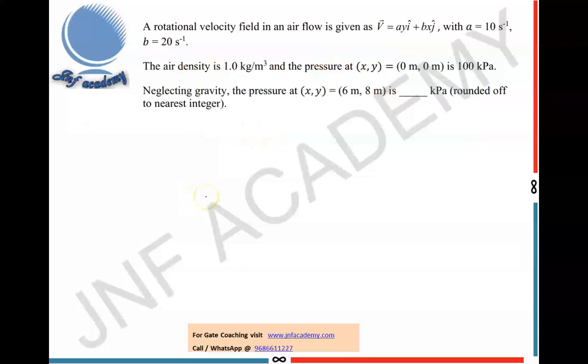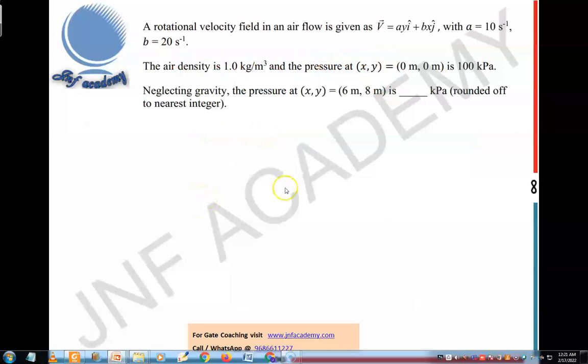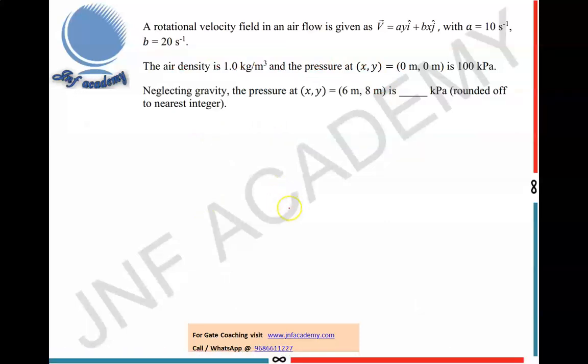Yes. The next question is, the rotational velocity field in an airflow is given by the velocity vector a x i vector plus b x j vector, where a and b values are given. So basically, if I rewrite this velocity vector, I can write like this.